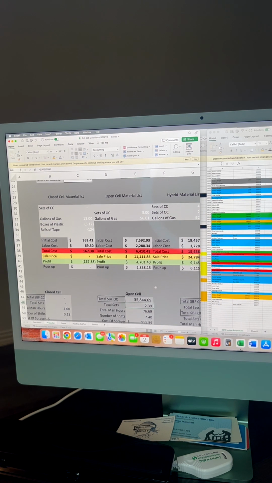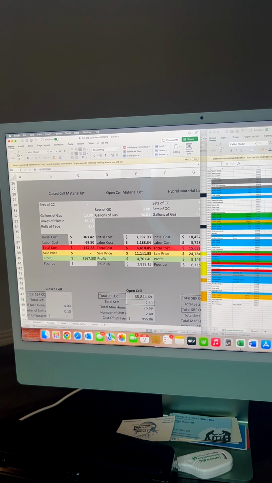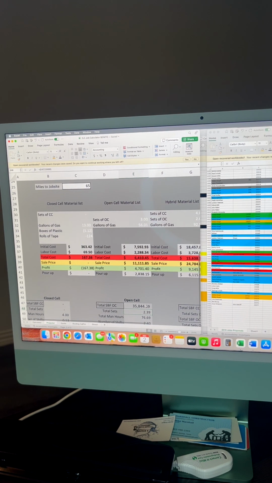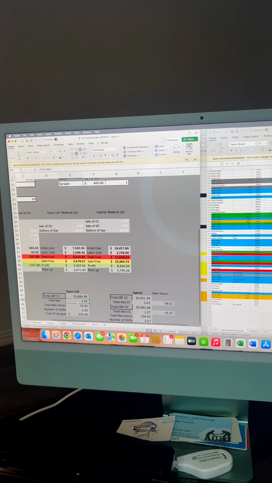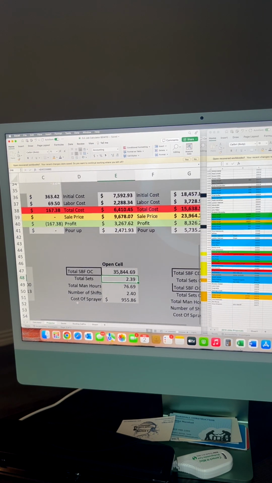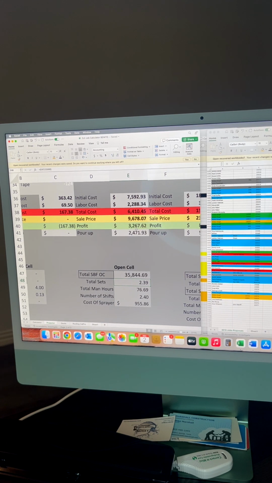So it's a little bit of a risk, but these are good numbers. I like this. Healthy numbers right there. We could give them a little bit of a break. Let's say we went down to 0.27, which I think is literally the lowest we could sell it for. You can see we've shaved about $1,500 off the total profit.